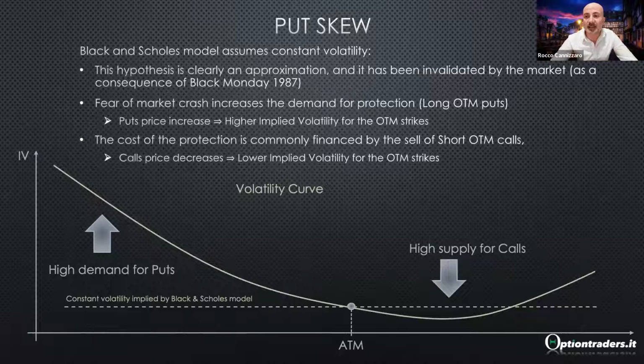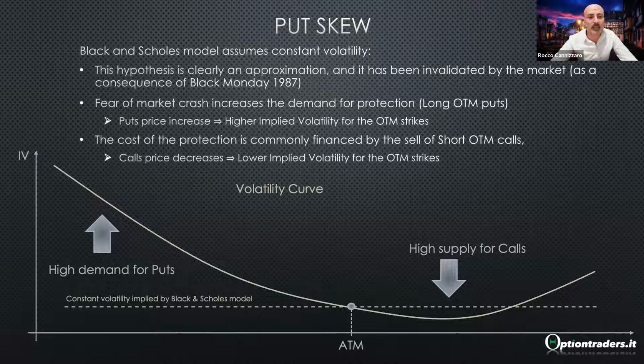But the reality is that this assumption is obviously not true. If you ever trade an option, you know that the implied volatility changes with the strike. It changes with time. So there are a lot of different volatilities that we have to deal with. What's going on with all of this?